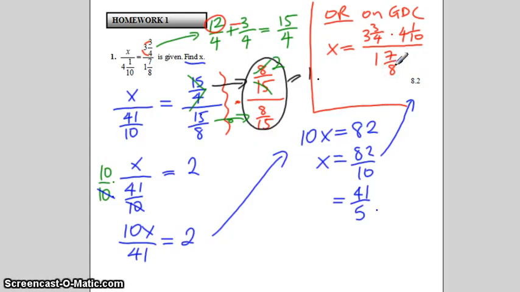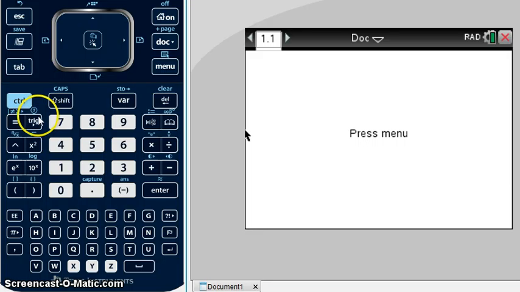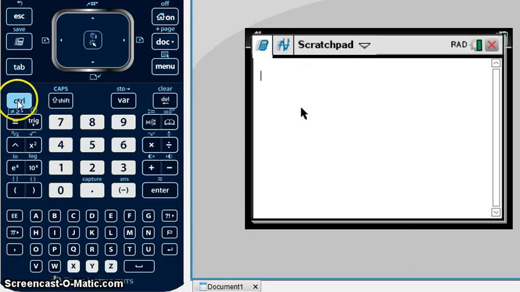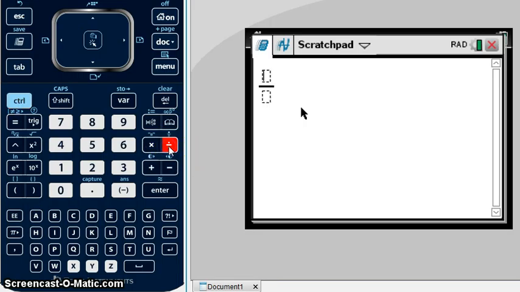But the calculator handles these mixed numbers in a slightly different way. We can't just type in 3 3/4. Here's how we do it. We type in, first we need a fraction, so we should say control division. Oh, let's find a calculation document here. Oh, here we go. So control and division for a fraction.